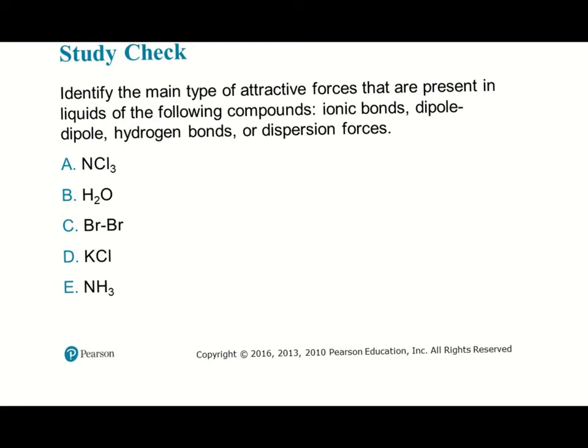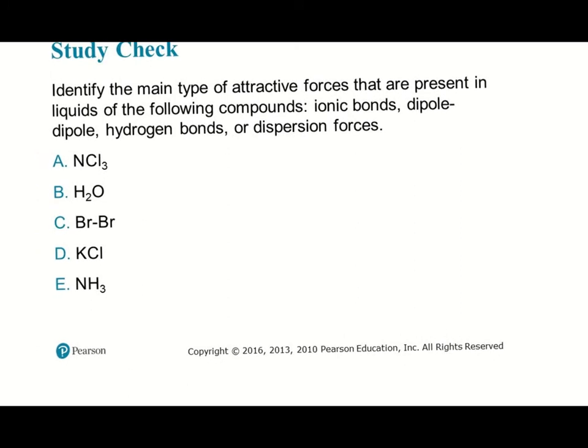Identify the main type of attractive force present in the following liquids: ionic, dipole-dipole, hydrogen bonding, or London dispersion. Well, typically we'd start by drawing our Lewis structure. But in nitrogen trichloride, your bond is between nitrogen and chlorine. Go ahead and look up the electronegativity values.